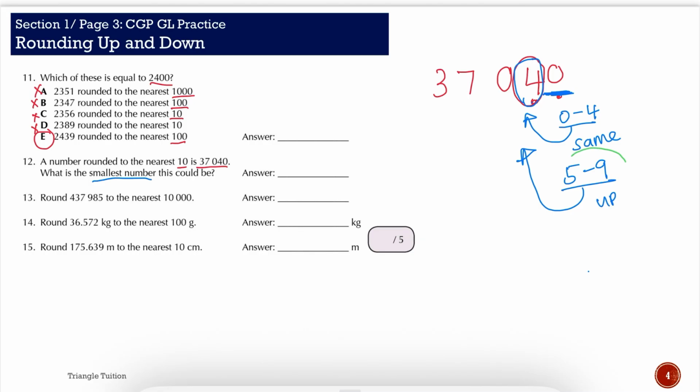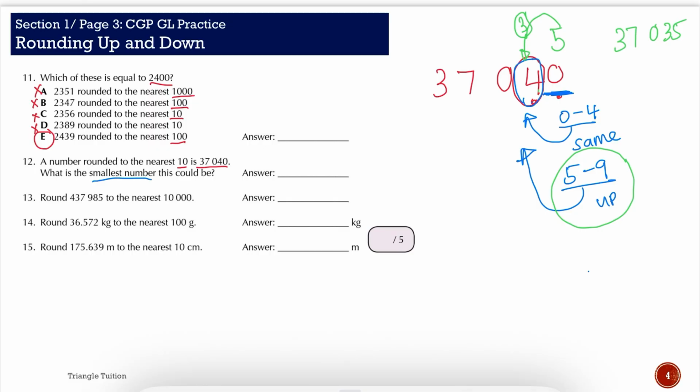That means we want the next door to jump up. Then only that will give the smallest number. For example, if it is 5 here, it will go up to 4 from 3. So is that a possible number? 37035 is one of the possible numbers.